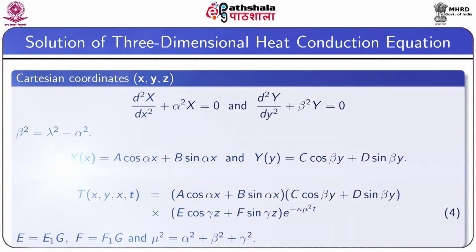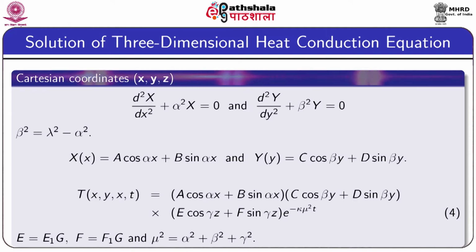The constant beta square is defined as lambda square minus alpha square. The solution for capital X can be obtained as capital X equals A cos alpha x plus B sin alpha x, and the solution for capital Y is equal to C cos beta y plus D sin beta y.